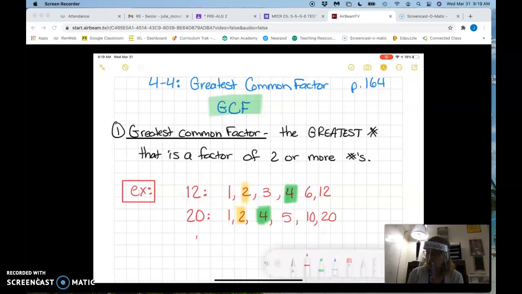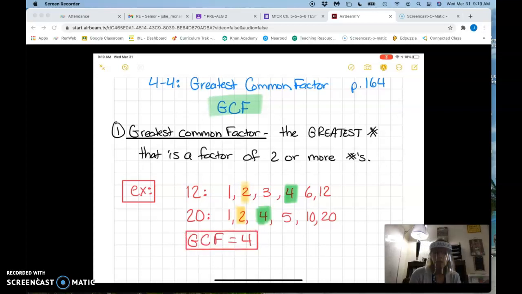So you're going to write GCF equals 4. Because that's the greatest factor that they both have in common. And remember, a factor is just something that you multiply together to equal a bigger number.